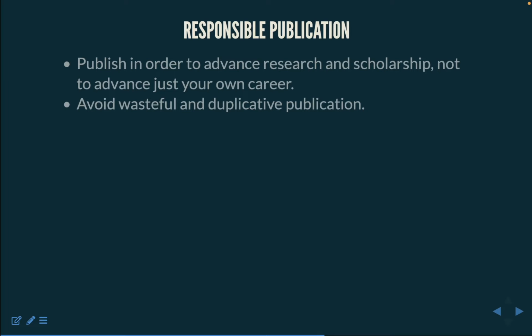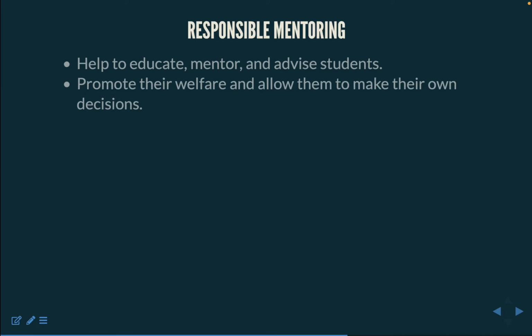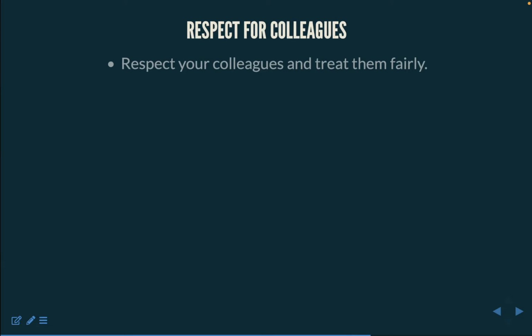Responsible publication. Publish in order to advance research and scholarship, not to advance just your own career. Avoid wasteful, duplicative publication. Responsible mentoring. Help to educate, mentor, and advise students. Promote their welfare and allow them to make their own decisions.